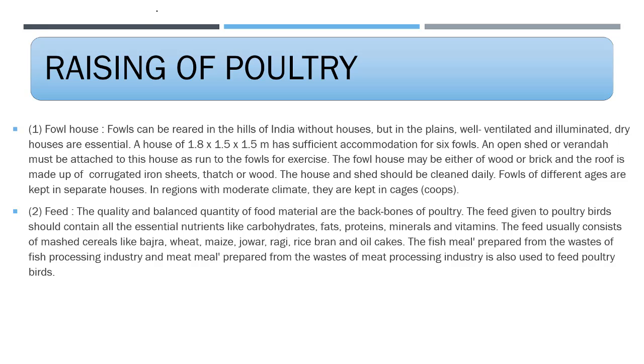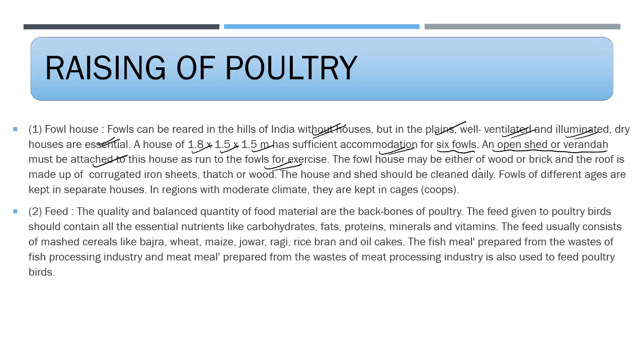Fowl house or brood house. Fowls can be reared in the hills in India without houses, but in the plains, well ventilated and illuminated dry houses are essential, of a dimension of 1.8 by 1.5 by 1.5 meters, with sufficient accommodation for 6 fowls. An open shed or veranda must be attached to this house as a run for fowls to exercise.